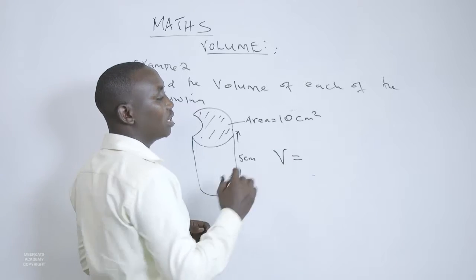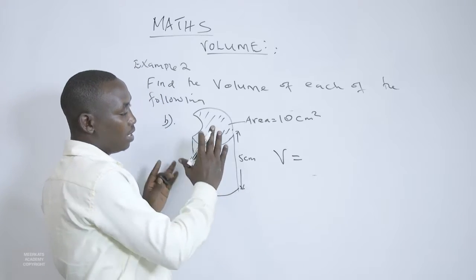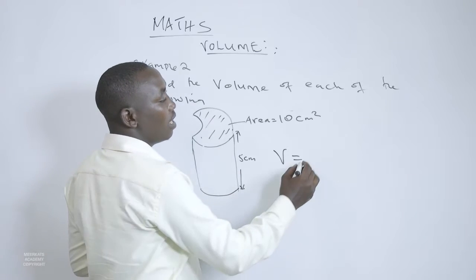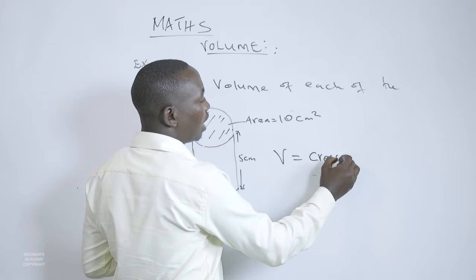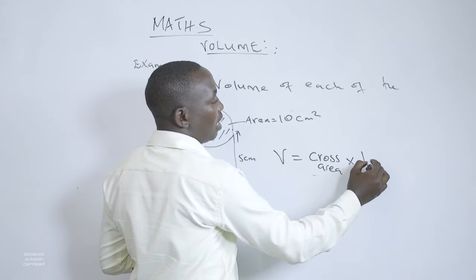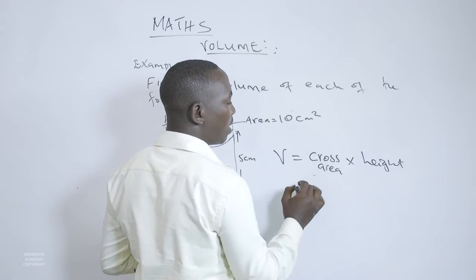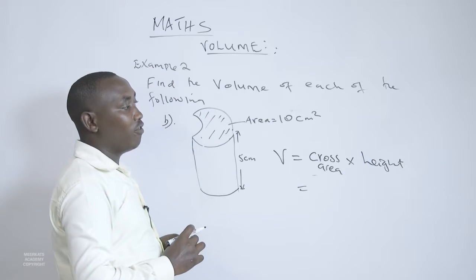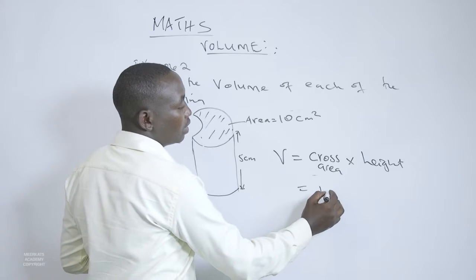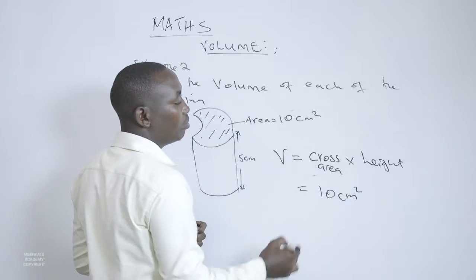And for us to get the volume of this object, which has a uniform cross-sectional area, we take the cross-sectional area and multiply by the height. We have been given that the cross-sectional area is 10 square centimeters.